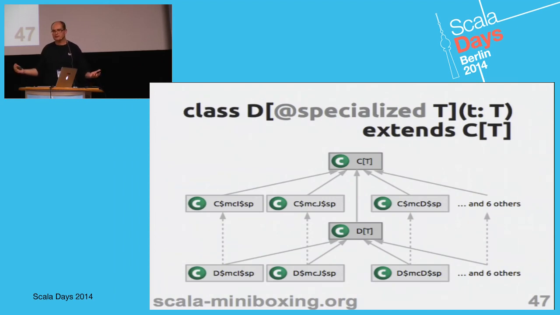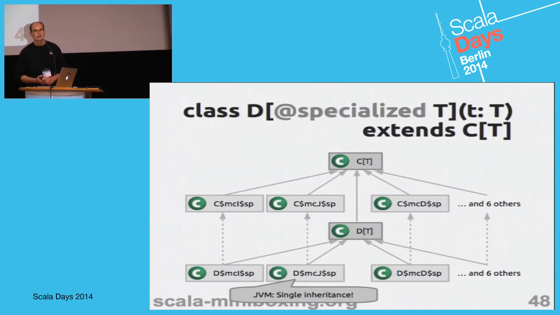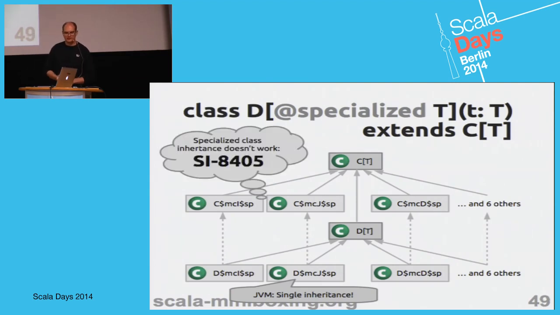I mean, that's what you would expect. Well, it's not possible because on the JVM you have single inheritance. So if you already inherit from D, you cannot inherit from C$MCXSP. Okay, so this is another bug that's not possible to address directly.